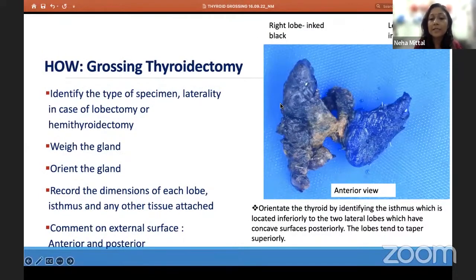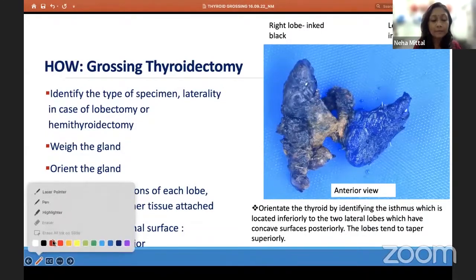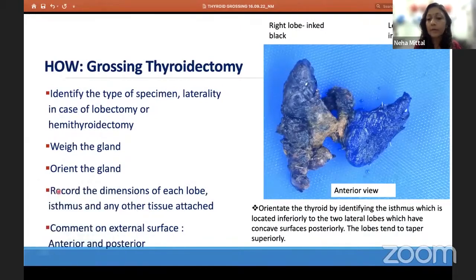So as you can see, on the right hand side is a total thyroidectomy specimen. Identify the type of specimen, laterality in case of lobectomy or hemithyroidectomy. That must be done. Orient the specimen. For orientation, identify the isthmus, which is located inferiorly to the two lateral lobes, at the lower part of the two lateral lobes.